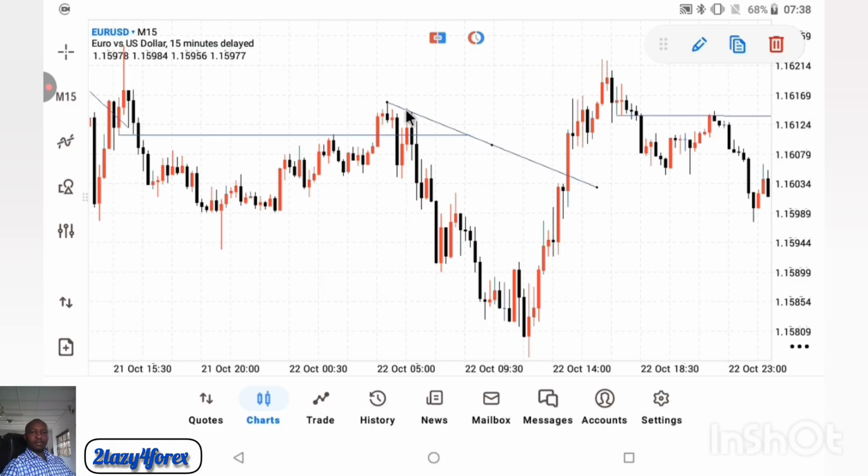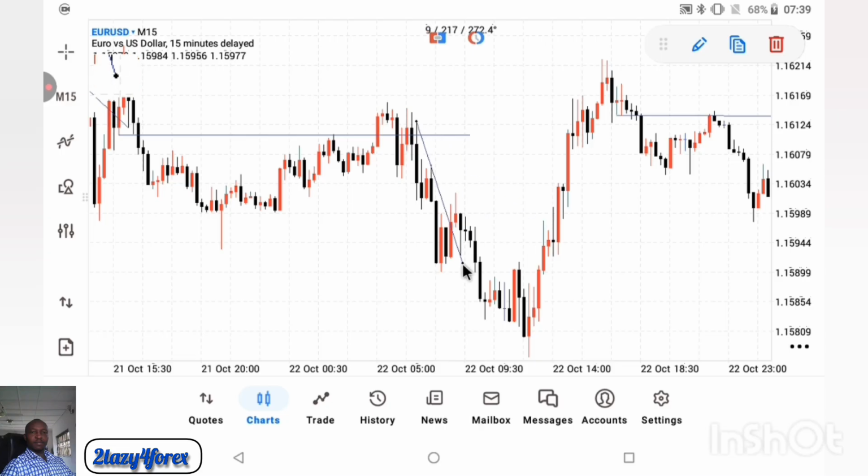So if you notice your trend line is becoming too steep, there's too much space between the trend line and price action, you look for the nearest black candle.